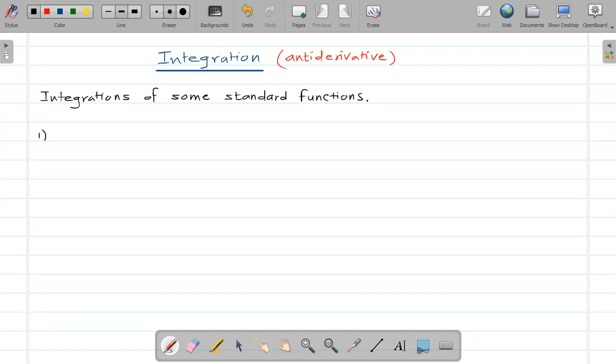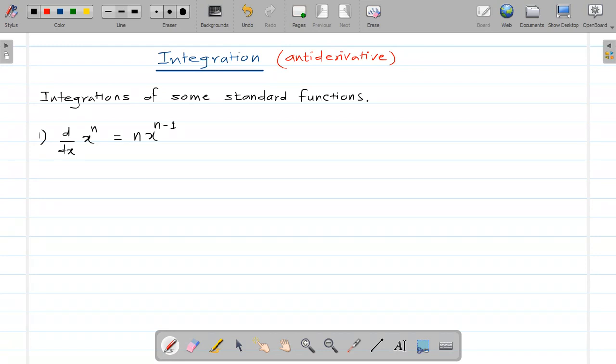First rule that we are going to study here: as we know that d by dx of x raised to n, because x raised to n is a standard function, we know the rule d by dx of x raised to n is equal to n into x raised to n minus 1.